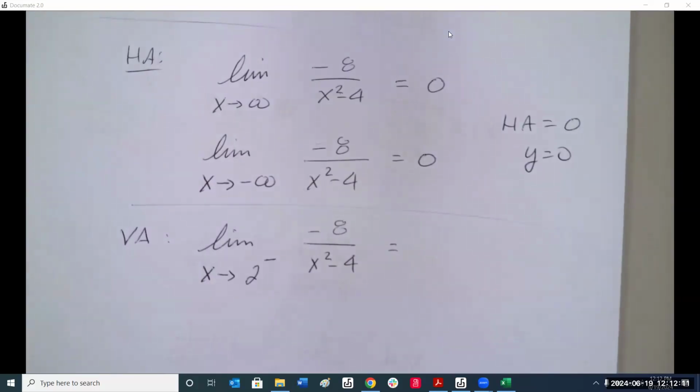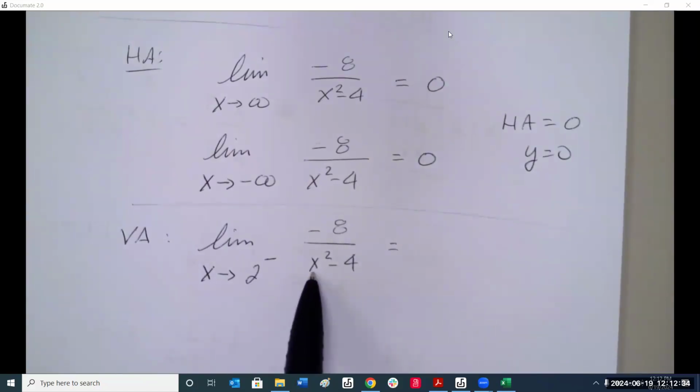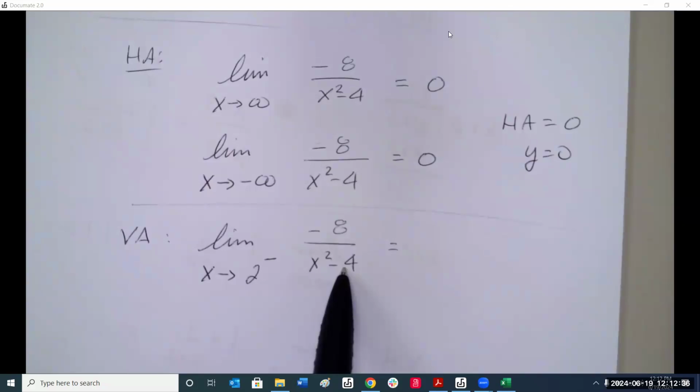If you don't see it automatically, plug some numbers in. 0, 1. As it gets closer to 2, see what you get. Where is this approaching? 0? No, it can't be 0. Well, yeah, because if you plug in 2 inside there, we get 0 on the bottom. So it goes to infinity. Do we go to positive infinity or negative infinity?